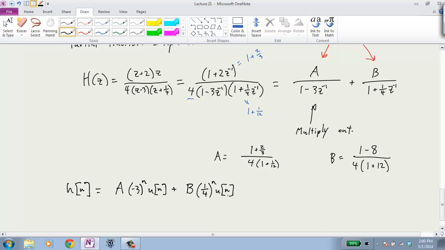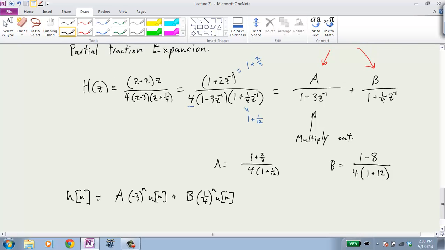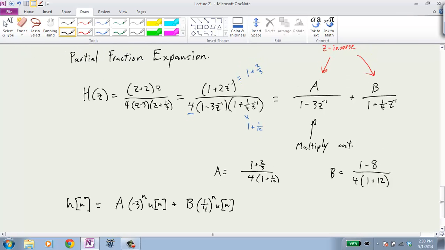Did I do that inverse correct? With the minus signs? I think so. Is it 1 minus az inverse or 1 plus? It's 1 minus az inverse. So then these minuses need to go away here. So this is just 3, and that's -1/4. Okay, so we've just solved explicitly what the impulse response is of this system.